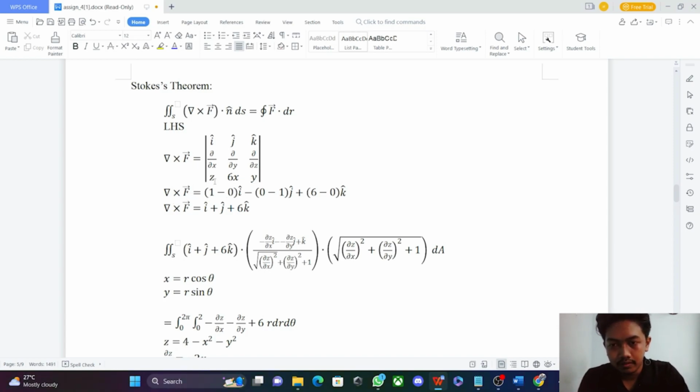So we put, for i, del over the y times z and del over the z times 6x, and we got 1 minus 0 i. For j, we take del over the x times y and del over the x times z.